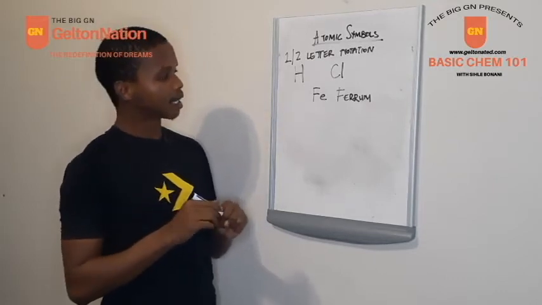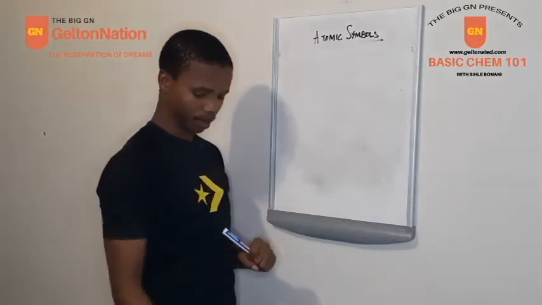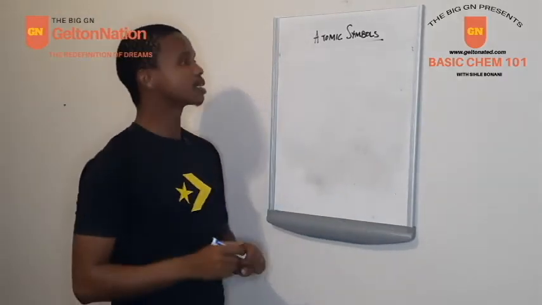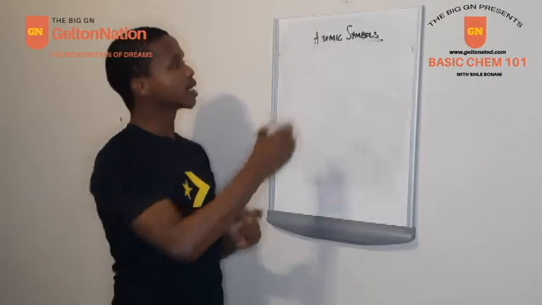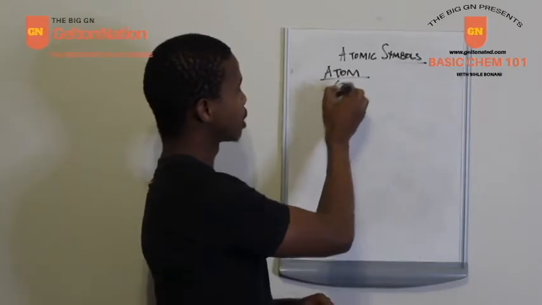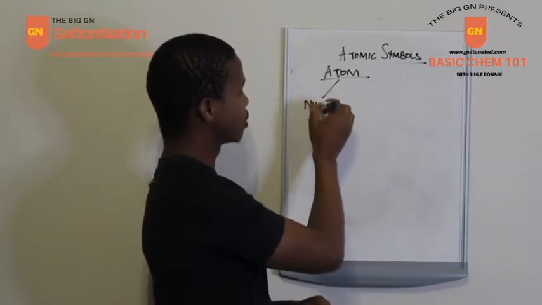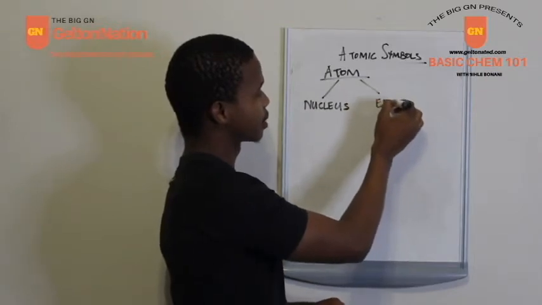Now you find that John Dalton said atoms were indivisible, but further experiments went on to find out that atoms are divided into two. They are divided into a nucleus and electrons.